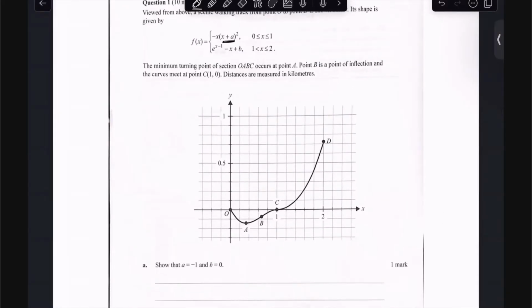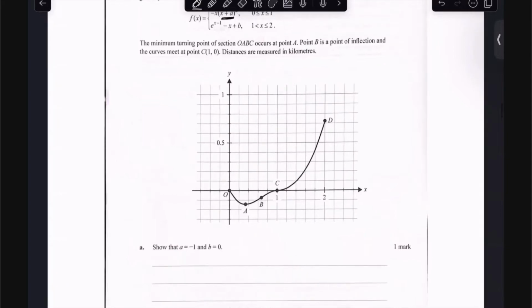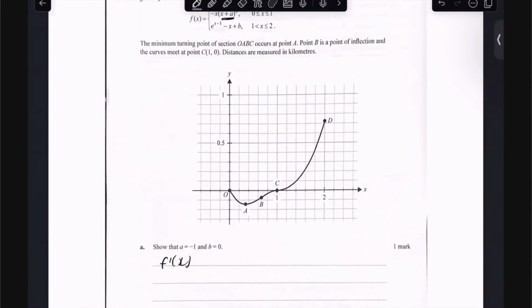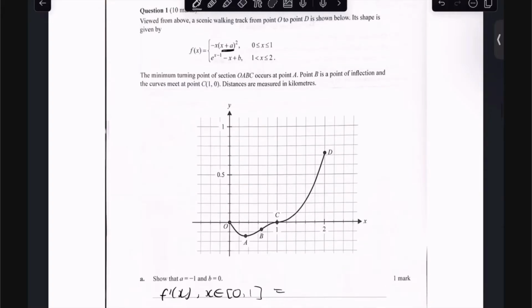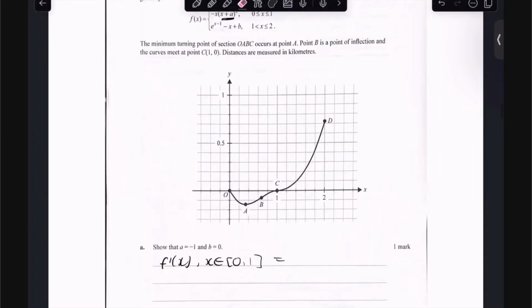So, well, it's a turning point, so, okay. What we can do is you can say f dash x for x is an element of 0 to 1 is equal to, actually, what am I doing? You can just plug in 1, 0 there.